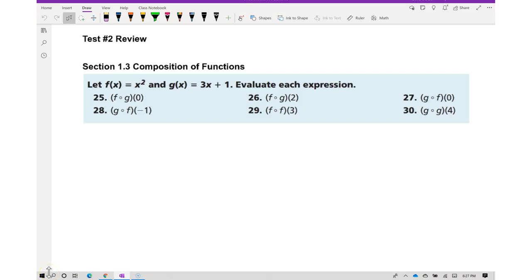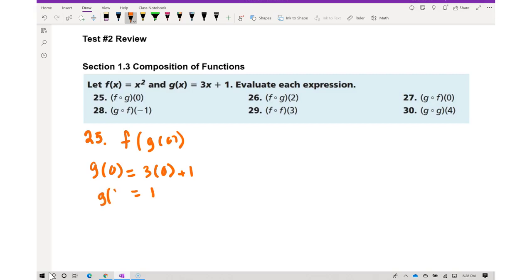We are doing the review for the upcoming exam. I'm going to go ahead and do 25. And we have F, and then we have G of 0. So you got to figure out first G of 0. And we know G of 0 is going to be 3 times 0 plus 1. 3 times 0 is 0 plus 1 is 1.